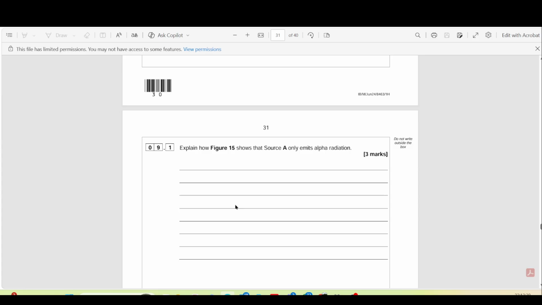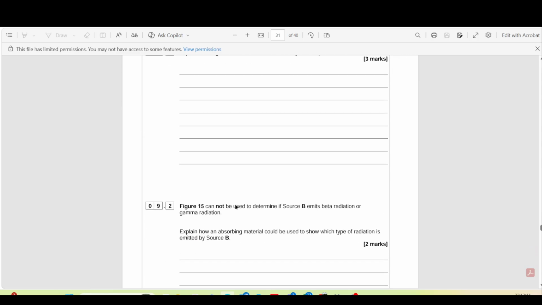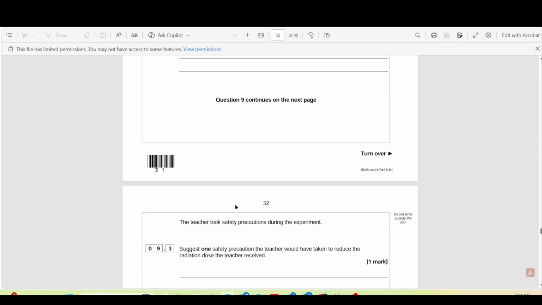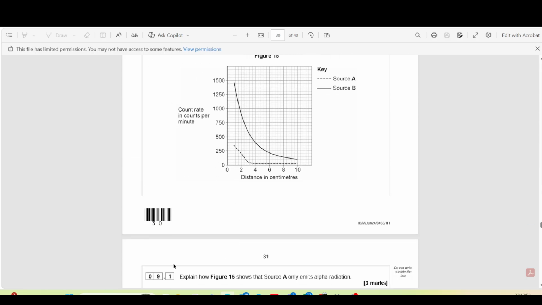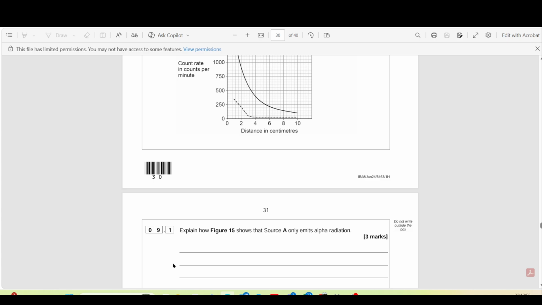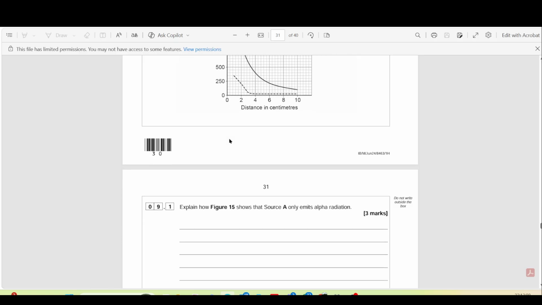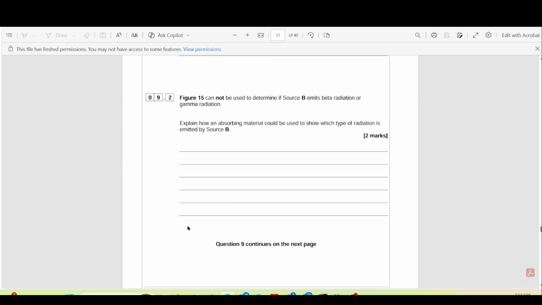Gamma will pass through, but beta will not. Okay. And also in the previous question, the count rate is less over a short distance for alpha radiation, because alpha radiation has a low penetrating ability, right? That's why it was alpha.